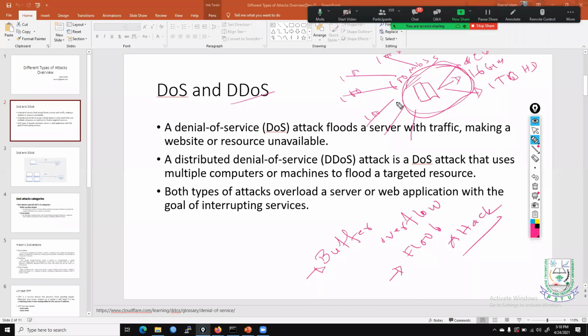What is the smurf attack, what is the ping flood, and what is the ping of death? We are coming to that topic in a later slide or the next slide.